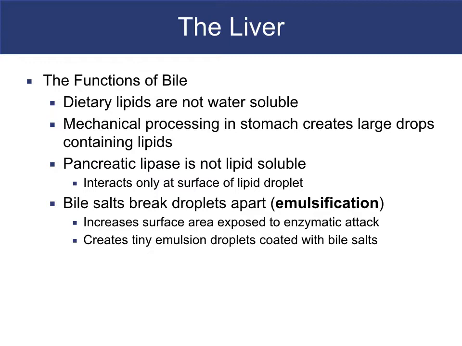It becomes cloudy because it breaks those big droplets of fat up into little bitty droplets. And the good thing about having little bitty droplets is now it's a whole lot easier for those lipase molecules to get at the fat. And so we really need to emulsify our fat before we can really digest it. So that's probably the most important thing that bile salts do for us, is they emulsify the fat.